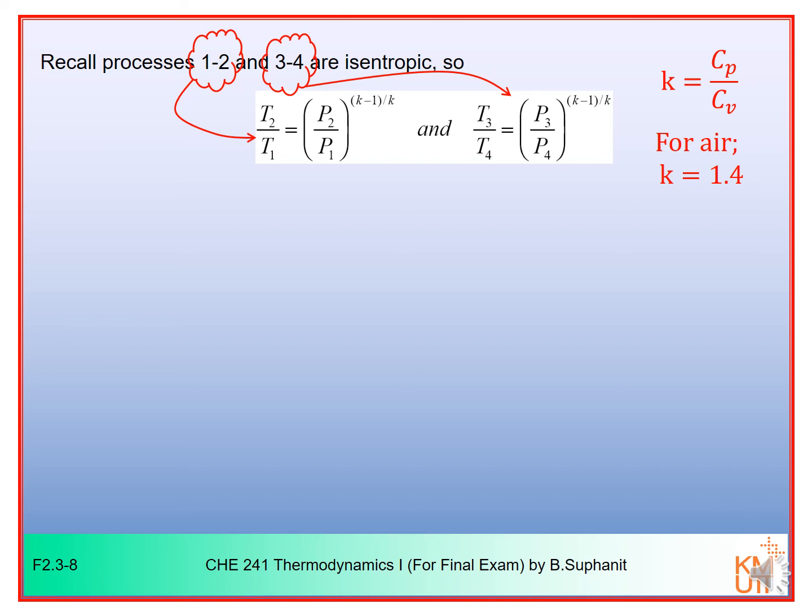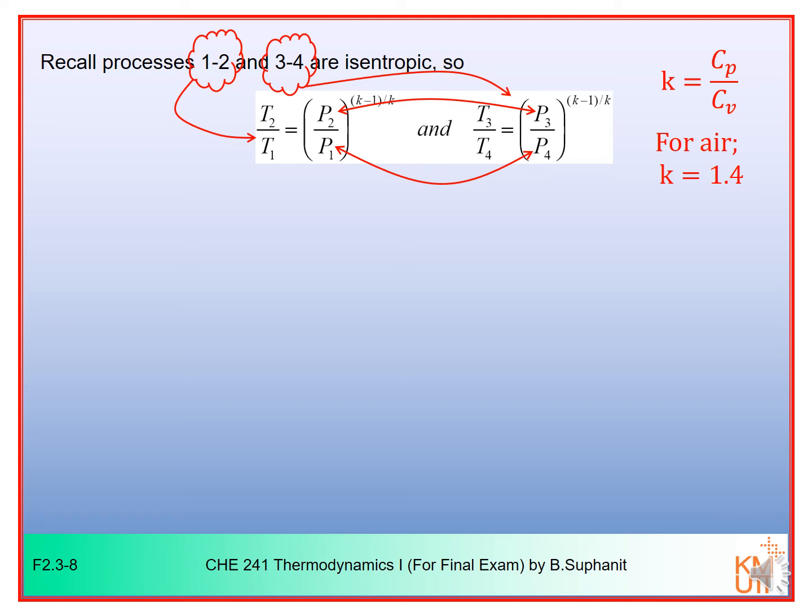Now, from the isobaric processes, we know that P3 equals P2 and P4 equals P1. Therefore, the pressure ratio terms on the right-hand side of both isentropic equations are equal.